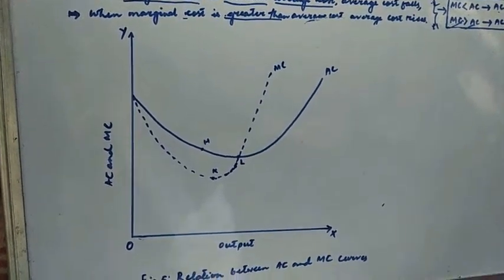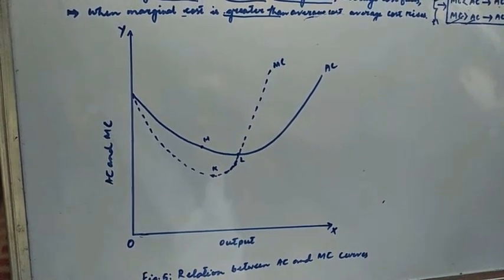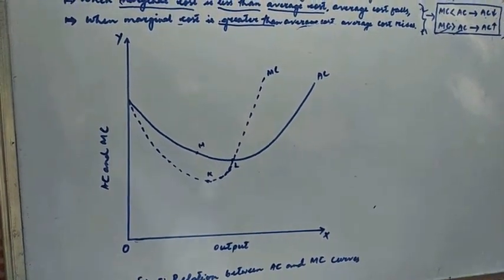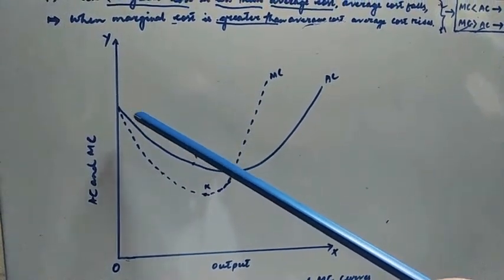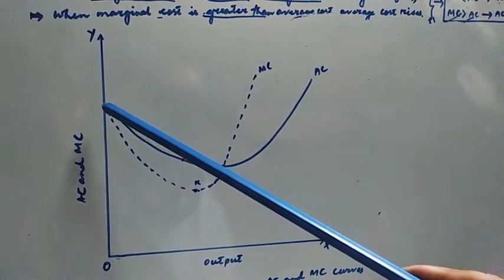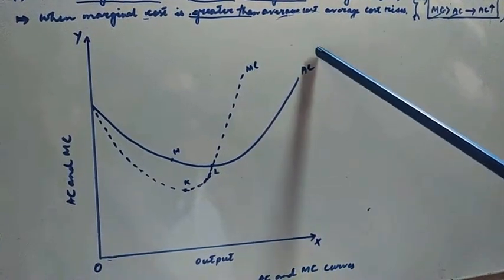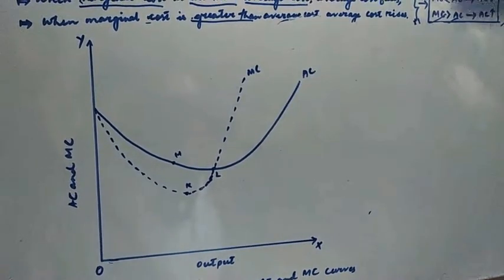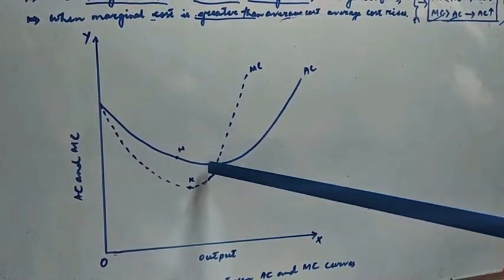Sorry, let me correct myself. As long as this MC curve is below the average cost curve, what we see is the average cost is falling.